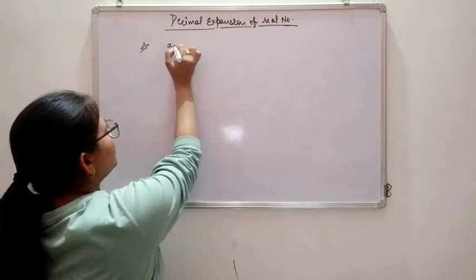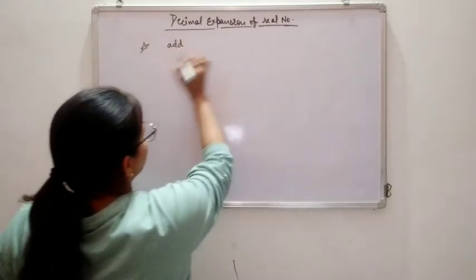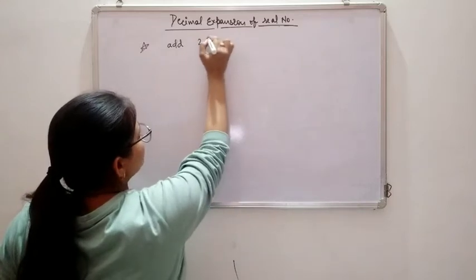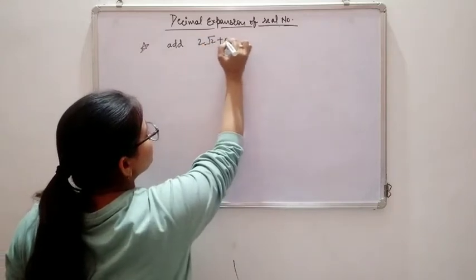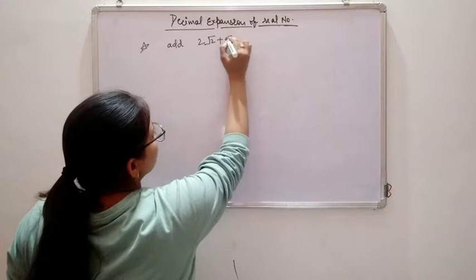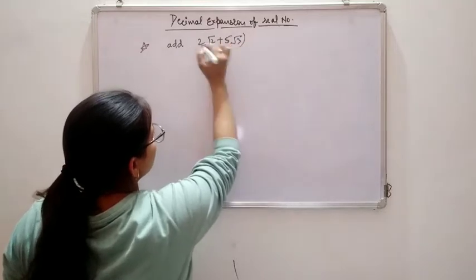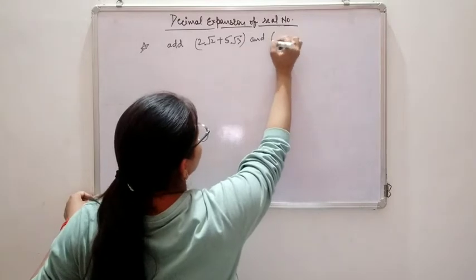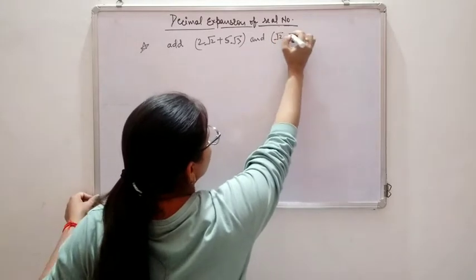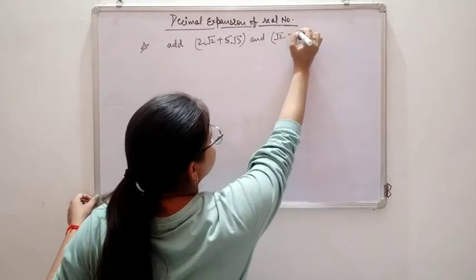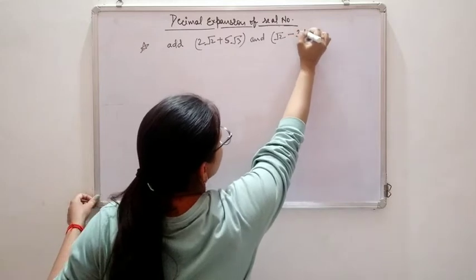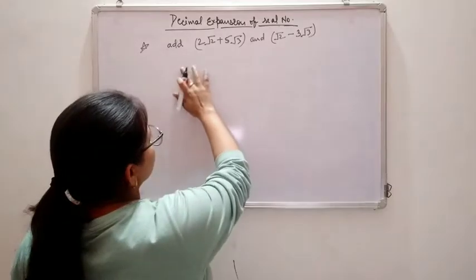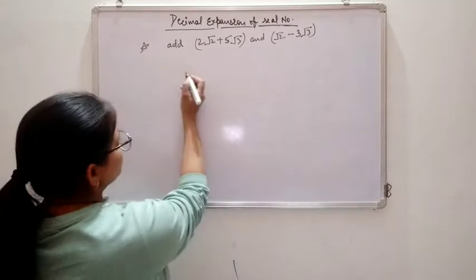If I add these two numbers, like 2 root 2 plus 5 root 3 and root 2 minus 3 root 3, let's try to add these two.